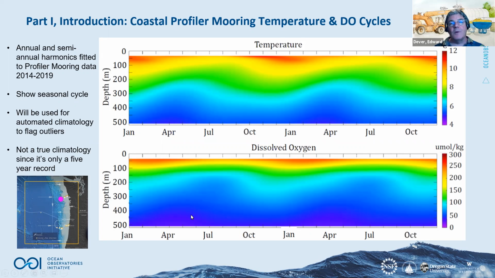So in the long run, we're going to be using these seasonal cycles to look at anomalies from those seasonal cycles to alert people when there are interesting events occurring, or possibly if there's a problem with the data.